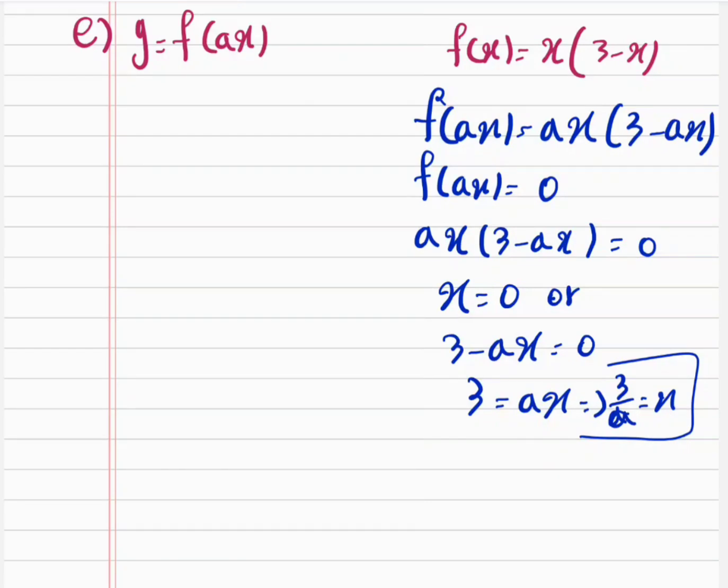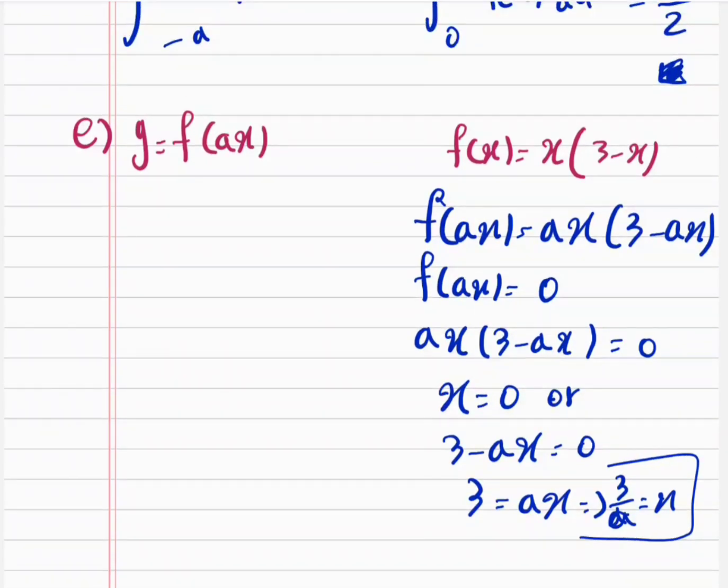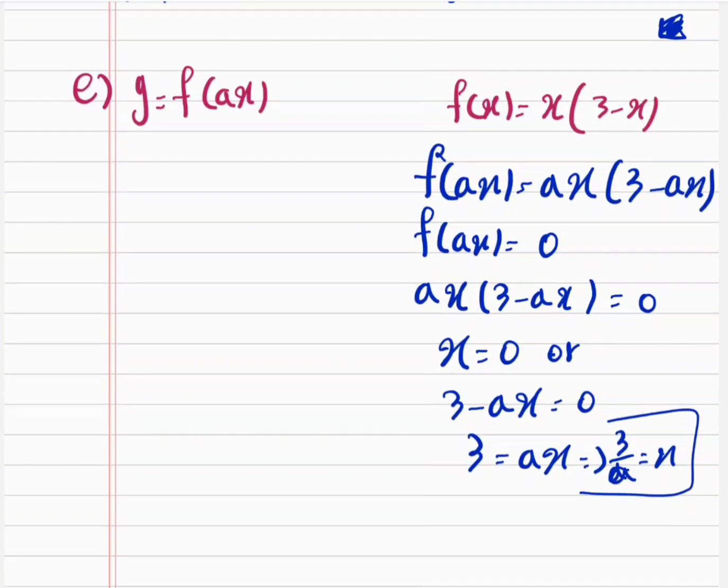So in order to integrate f(ax) dx, the limits are 0 and 3 over a, because those are just the points where the curve passes through the x-axis.